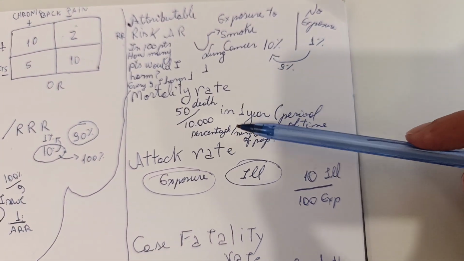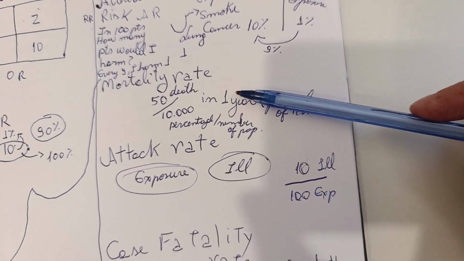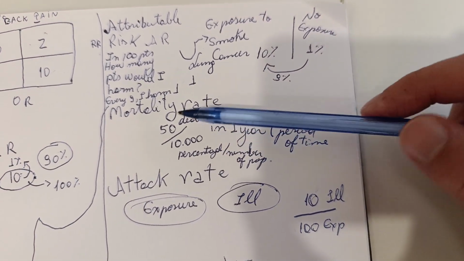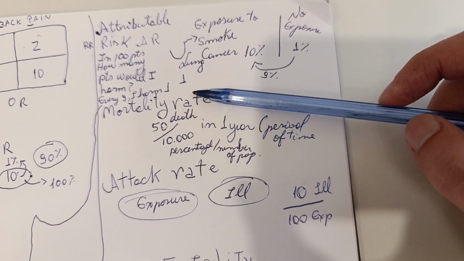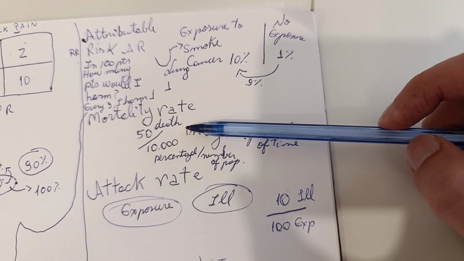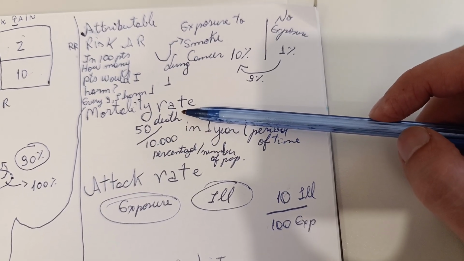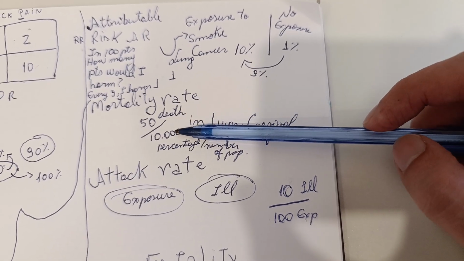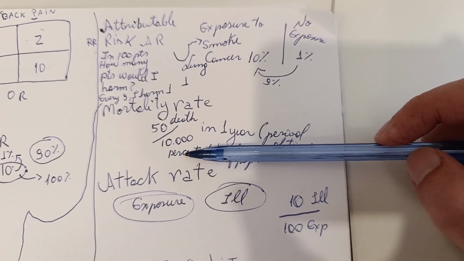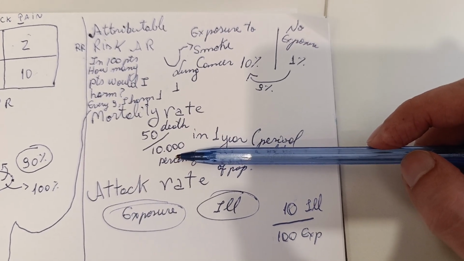And also mortality rate is a concept that is very easy to grasp. We're talking about mortality, so it might be something to do with death. And we just need to set how many people is our 100%.